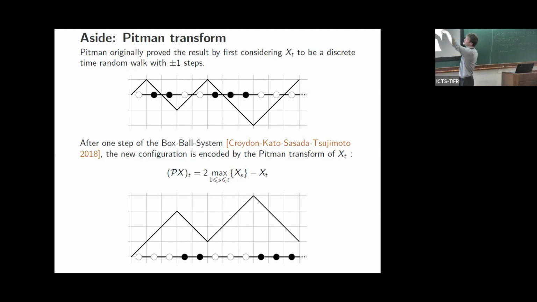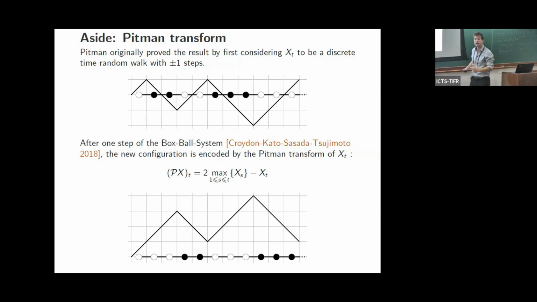Now when you have a trajectory, a random walk with plus or minus steps, you can say that whenever you do a plus step, you put no particle on the line, and whenever you have a minus step, you put a particle. So a trajectory gives you a state of particles on Z plus.